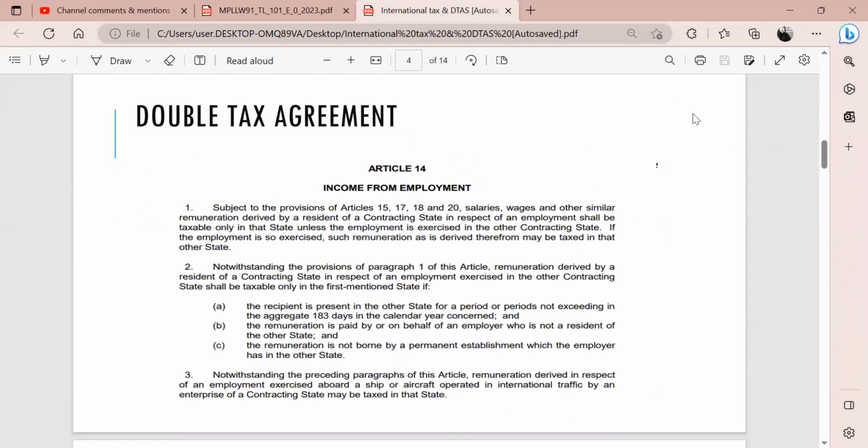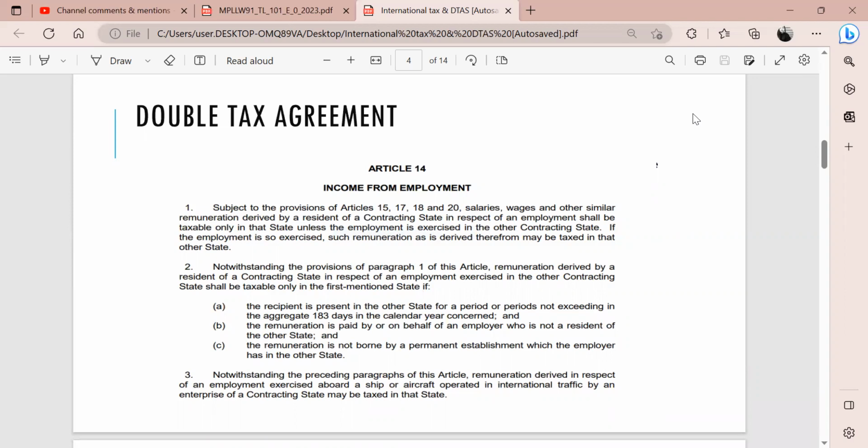Now, in terms of Article 14 of the double tax agreement between South Africa and Mauritius, subject to the provisions of Article 15, 17, 18, and 20, salaries, wages, and other similar remuneration derived by a resident of a contracting state in respect of an employment shall be taxable only in that state unless the employment is exercised in the other contracting state.